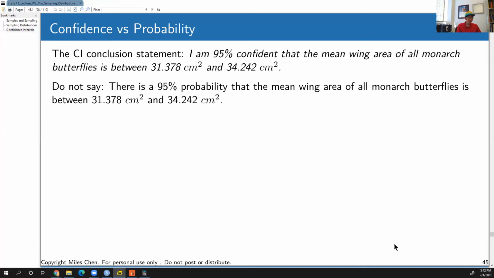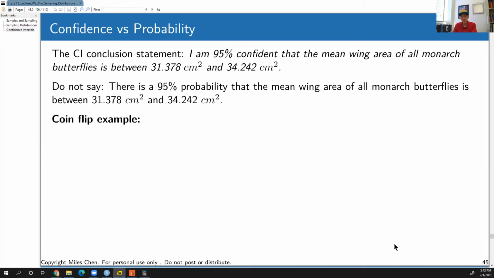This is different from saying this, and these almost sound exactly the same, but here I'm using the word probability. It would be wrong to say there's a 95% probability that the mean wing area of all monarch butterflies is between 31.378 and 34.242. So one is saying I'm 95% confident, and that's allowed, but the other one, a 95% probability, is not allowed.